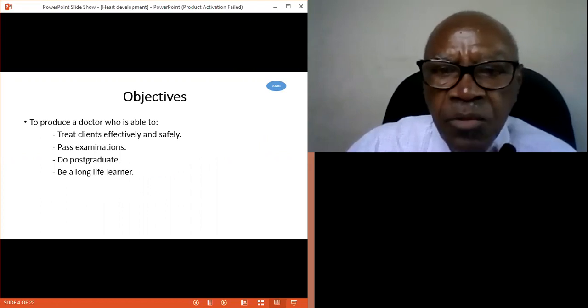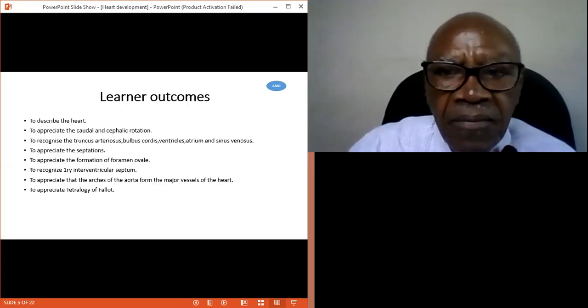Objectives are to produce a doctor who is able to treat clients effectively and safely, pass examinations, do postgraduate, and be a lifelong learner. And the outcomes are to describe the heart, to appreciate the caudal-cephalic rotation, to recognize truncus arteriosus, valvus cordis, ventricles, atrium, and the sinus venosus.